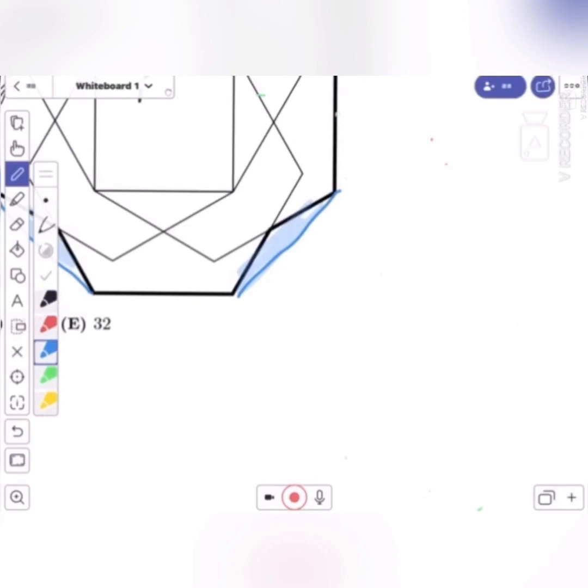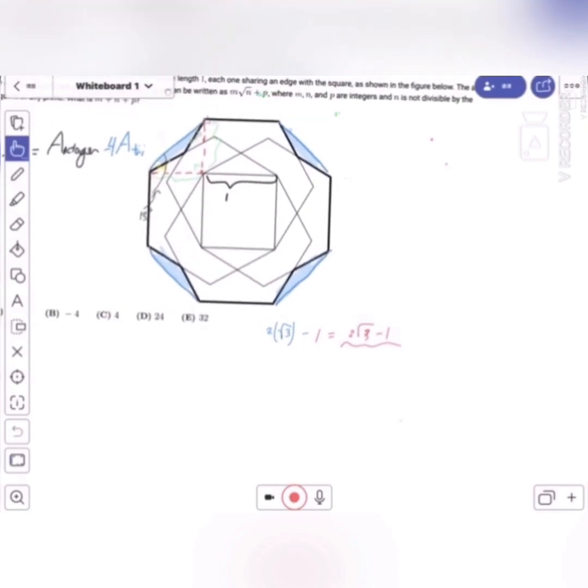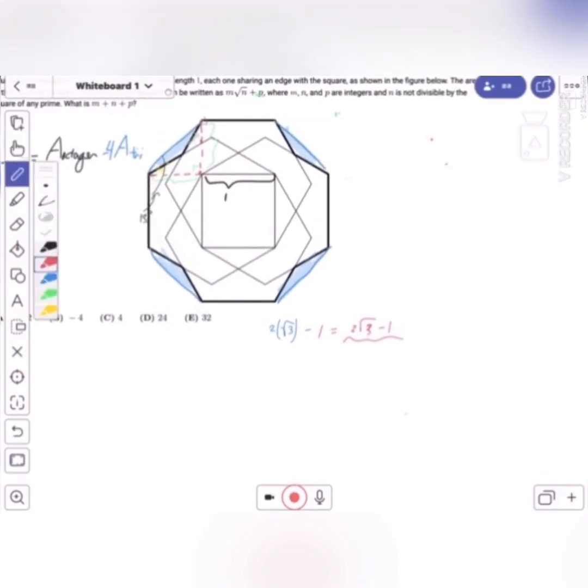So we have root 3 times 2. This is actually a plus b, right? Minus 1. So this is the total length of the octagon, right? No, of the 12-gon.